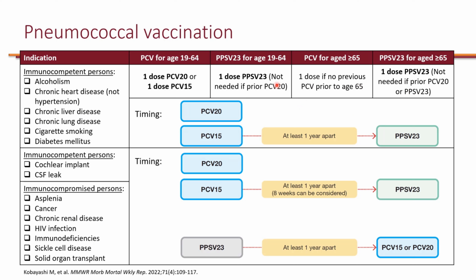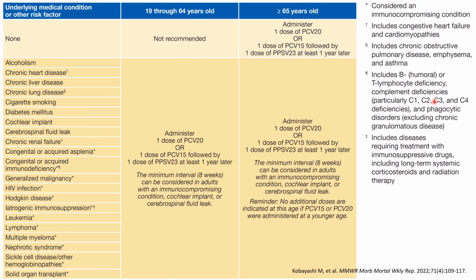Now, if they turn 65 and they had not received this vaccine, it is recommended 1 dose of PCV, either 15 or 20, just like before, or if they had previously received PCV13, they still need to get a PPSV23, or they can even get PCV20 once they turn 65.